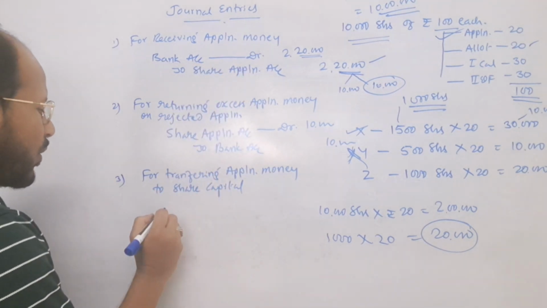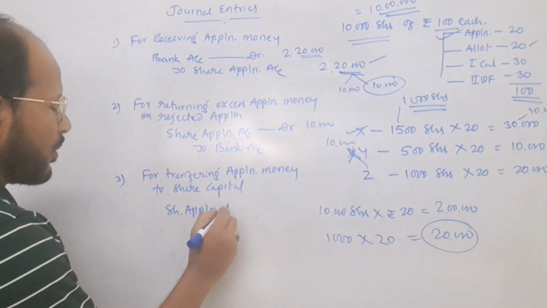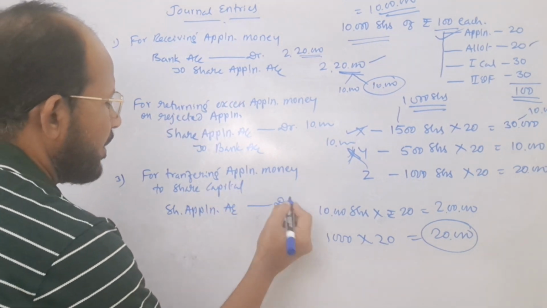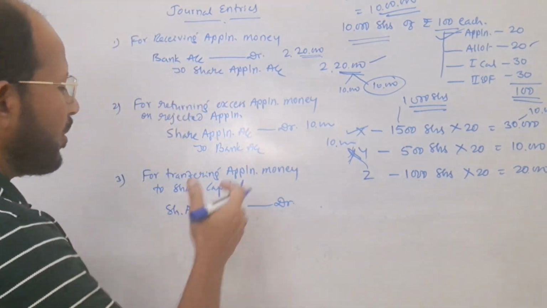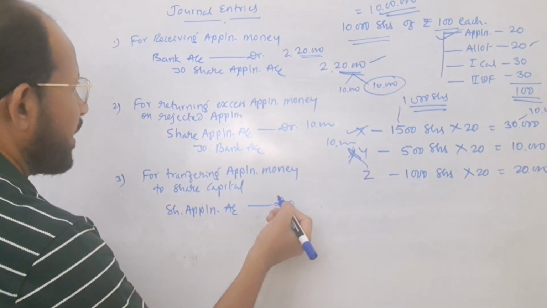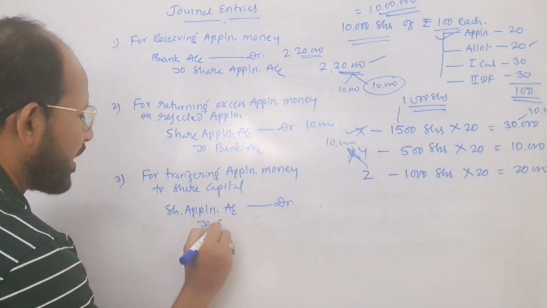Here the share application account is to be closed. Share application account is to be debited with the total application amount, which we have to take to share capital account.